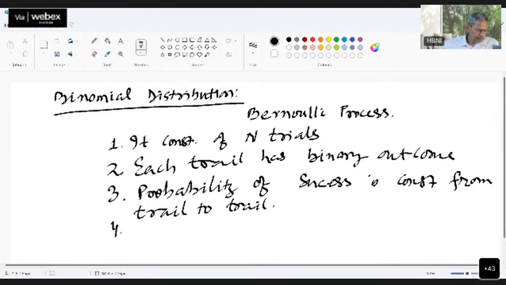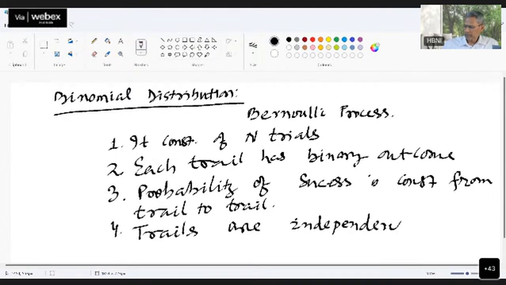Fourth condition is trials are independent. If any process satisfies these four conditions, then the distribution it gives is called the binomial distribution.